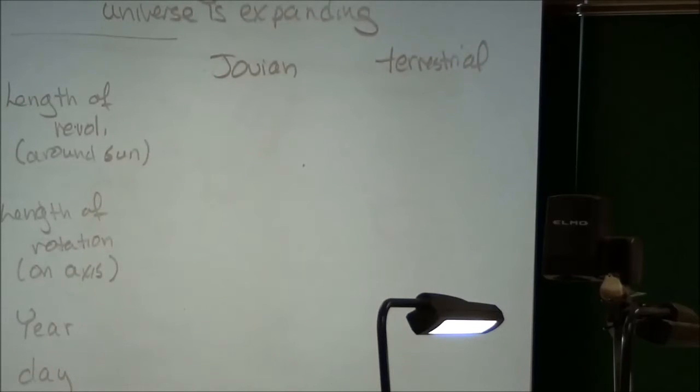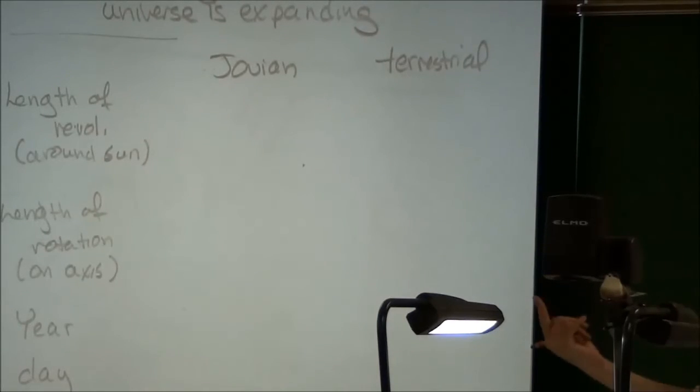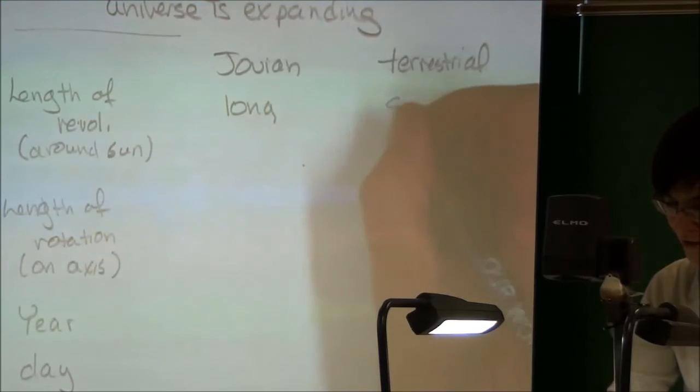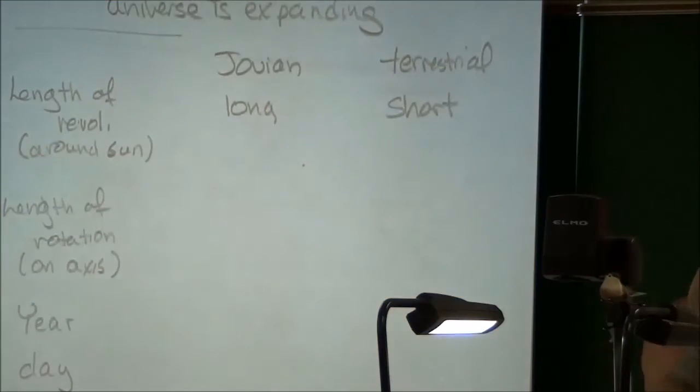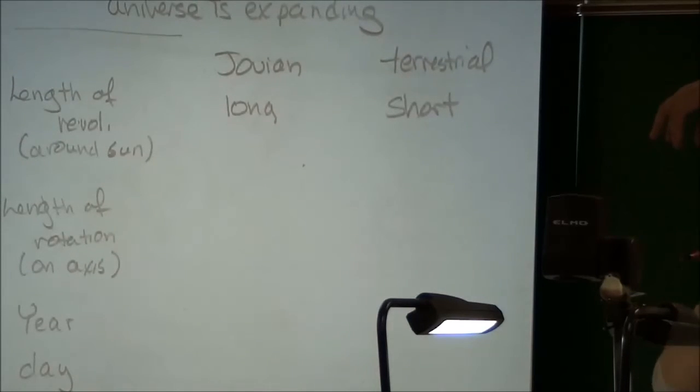Now, length of the revolution around the sun. The Jovians are further from the sun, so it takes longer for it to go around the sun. So for the Jovian, it's long, and for the terrestrial, it's short. Now, a trip around the sun is also known as a what? One what? Year.